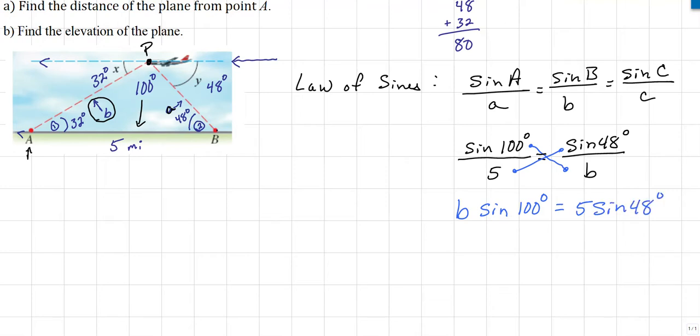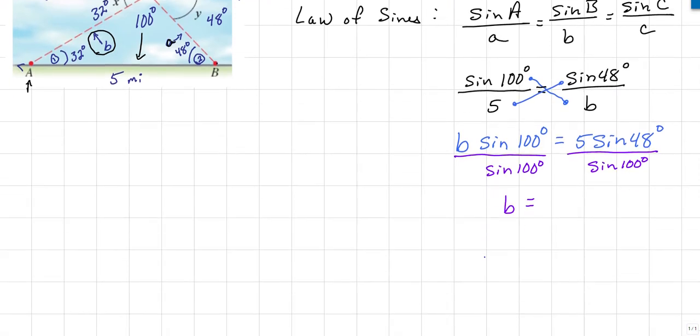But remember, I want to know just what B is, so I will divide both sides by the sine of 100 degrees. Then I can state that B is equal to 5 times the sine of 48 degrees over the sine of 100 degrees. We'll write it out one more time just to make sure that we know exactly what we're going to punch into our calculator.